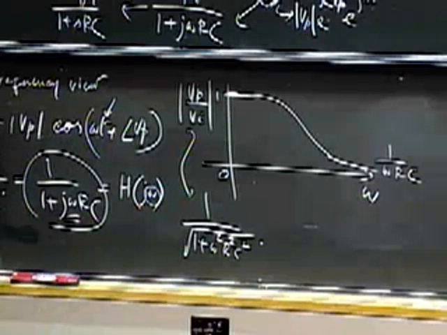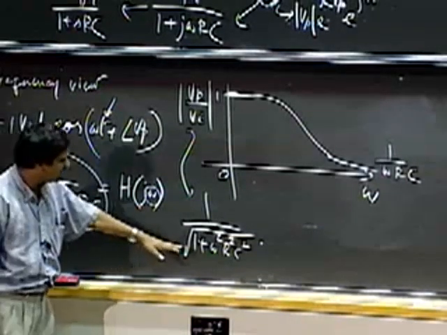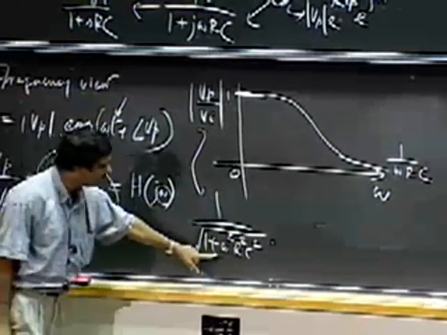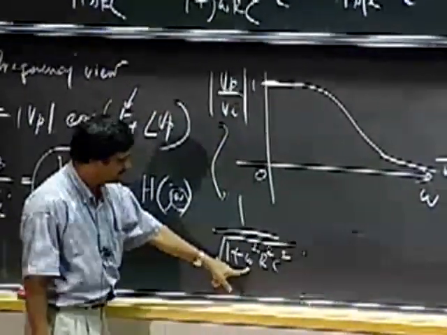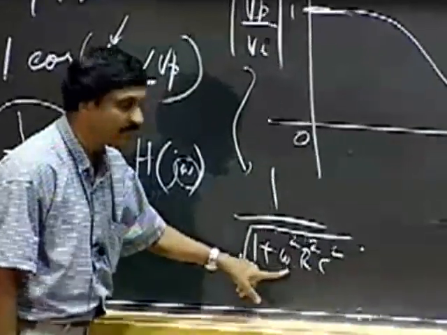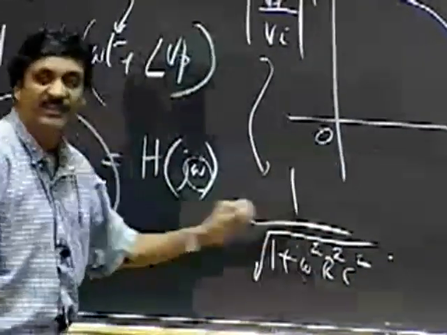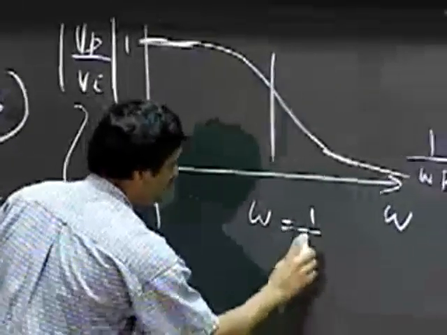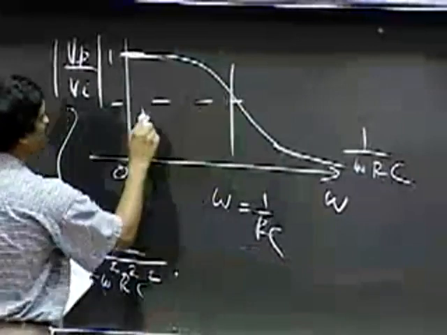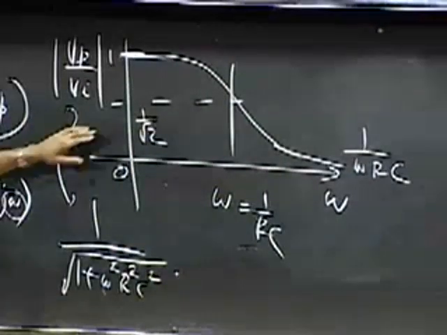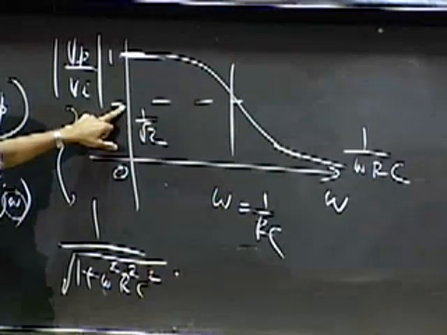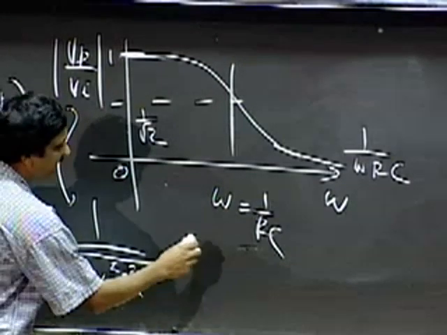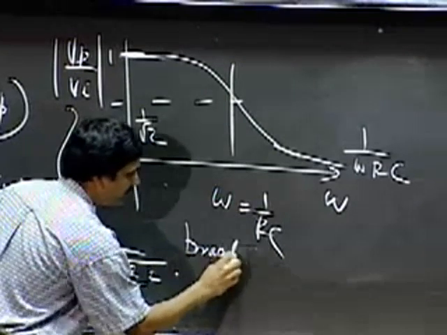Notice that when omega equals 1 by Rc, this denominator becomes square root of 2. So somewhere here, when omega equals 1 by Rc, the output is 1 by square root 2 times the input. It's an interesting point, and this is called the break frequency.